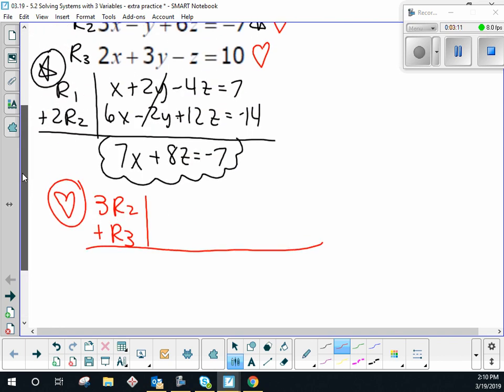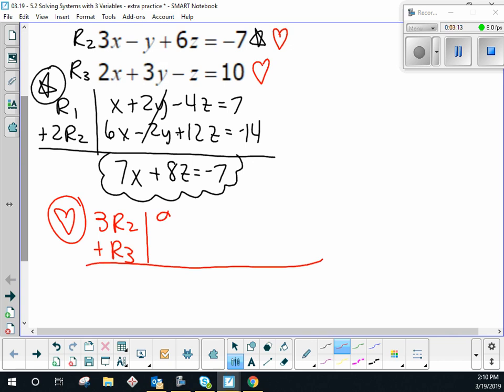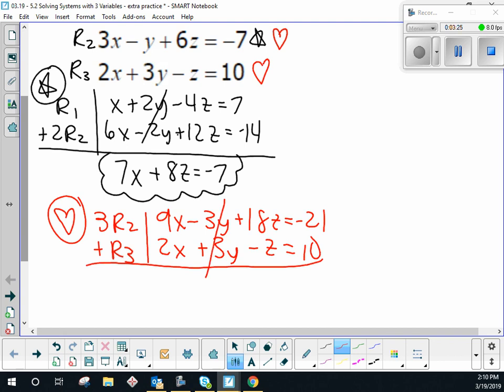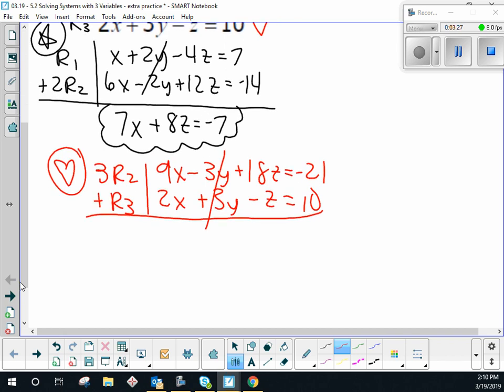That's 9x minus 3y plus 18z equals negative 21. And then row 3. Those cancel. I've got 11x plus 17z equals negative 11.